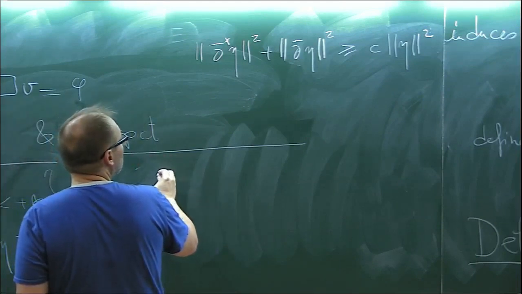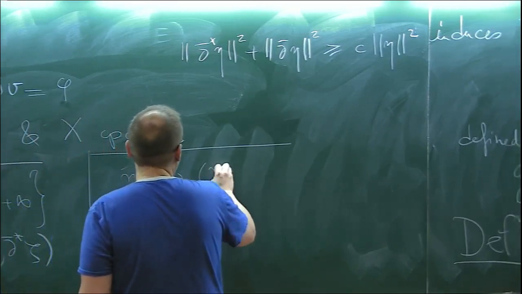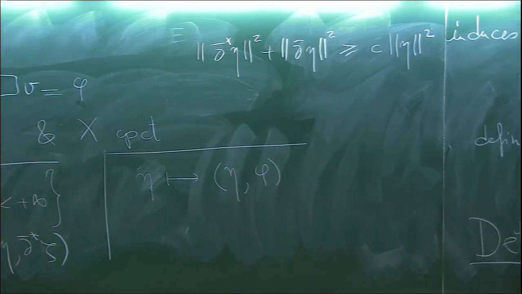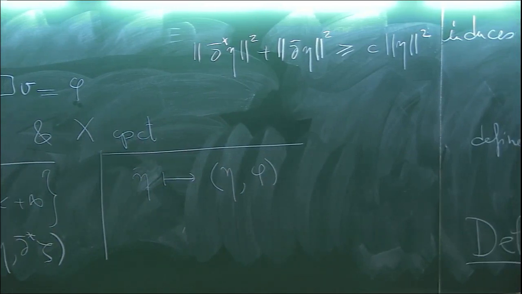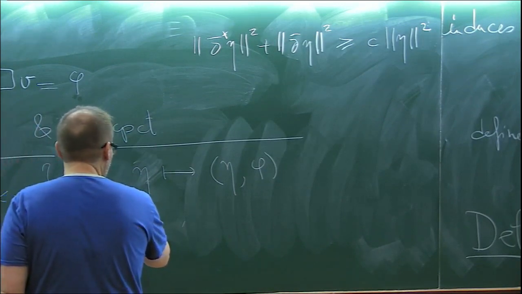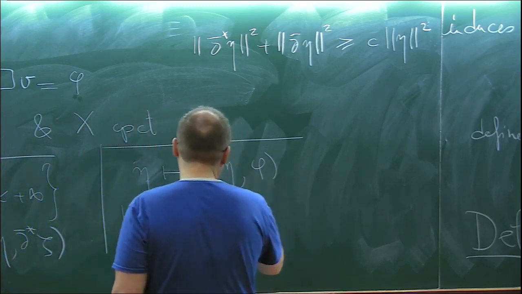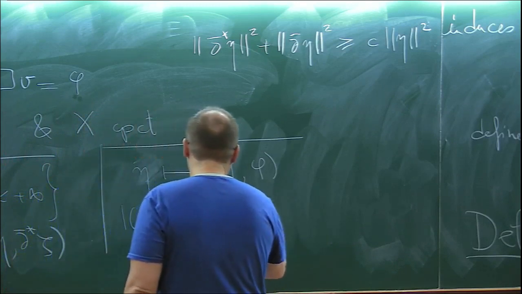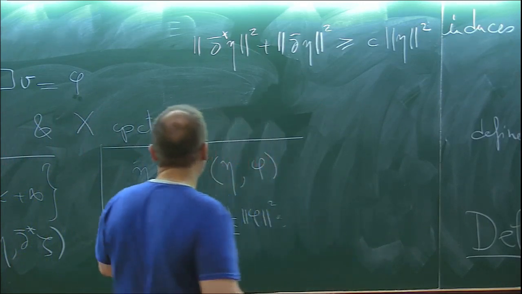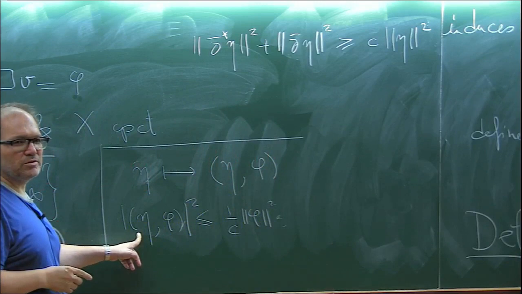So let's send eta to the inner product of eta with this phi. Okay. So I claim that this is a bounded linear functional on H. So the way to see that is that if you compute the square norm of the image, that's less than or equal to 1 over c times the norm of phi squared, and then times c times the norm of eta squared, just a big constant, small constant, Cauchy-Schwarz.